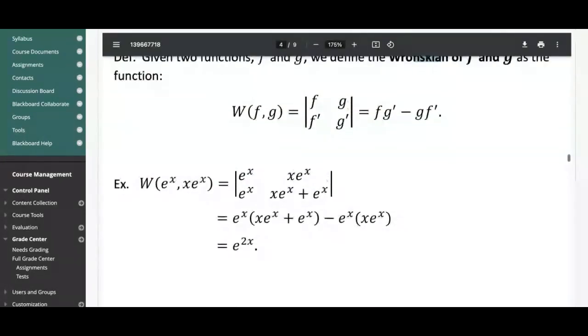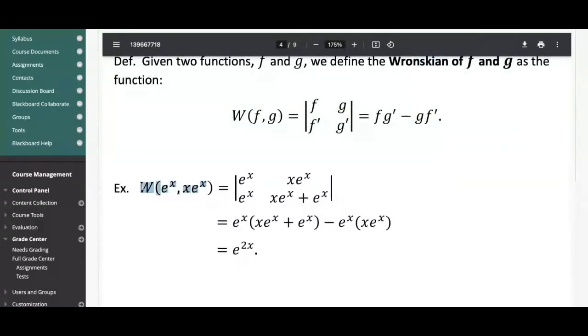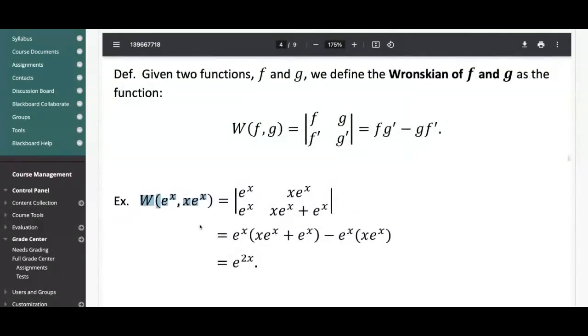Let's first calculate a Wronskian to get a little bit of an idea what the Wronskian is. So we have f is e to the x, g is x e to the x. We just put the four members. We find the derivative of f, which is just itself. We find the derivative of g, which is e to the x plus itself.